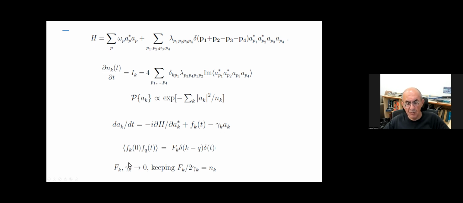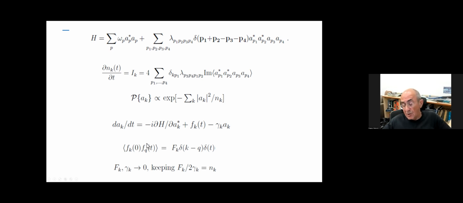Then we assume that the ratio between f and gamma is some prescribed function n_k, such that it would guarantee us the stationary state of this equation. We'll be studying only steady state, only steady cascade turbulence, but we consider this going to zero, like infinitesimal but balanced random kicks and dissipation.